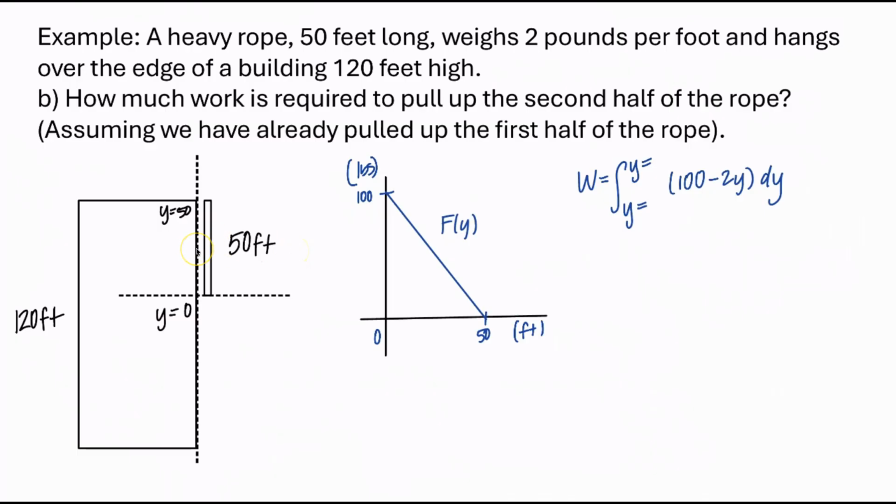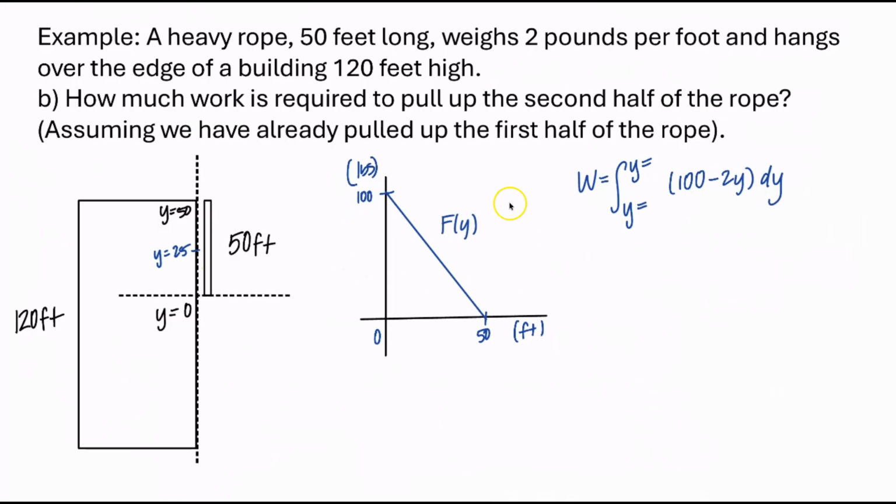So the question becomes, are we setting up our integral from y equals 0 to 25 or from y equals 25 to y equals 50? Because we're talking about the second half of the rope, you might be really tempted to put your limits of integration from y equals 0 to y equals 25. But that would actually not be correct.